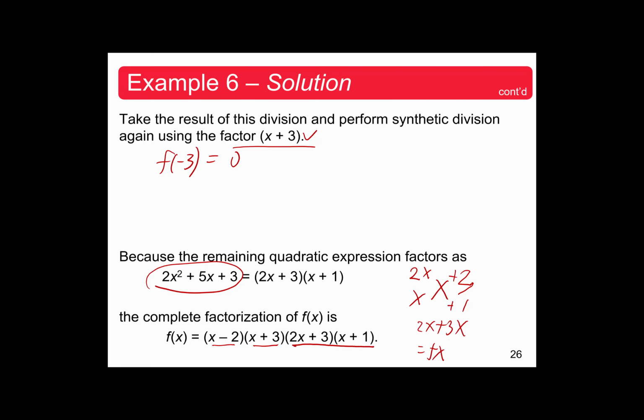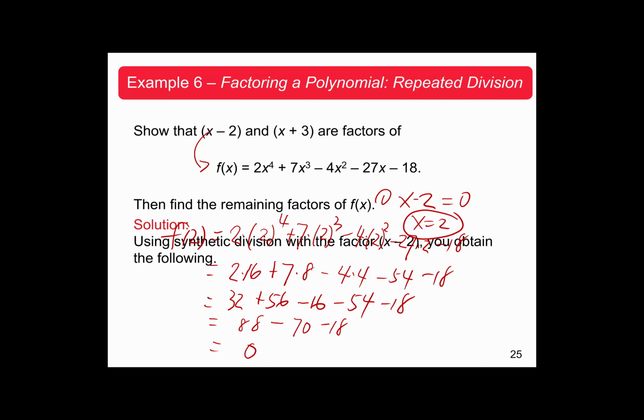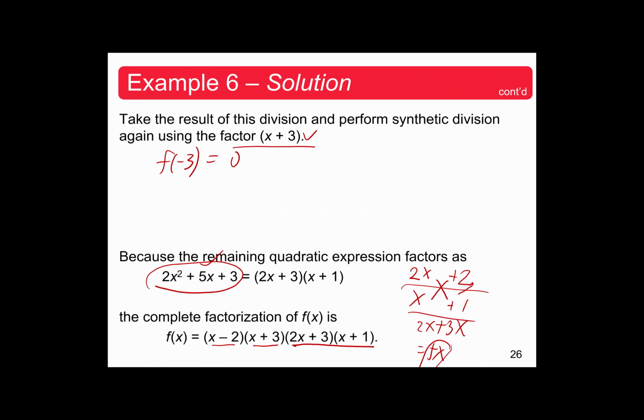That's 5x. Okay, that matches the middle term. So (2x plus 3)(x plus 1). Since it's a fourth degree polynomial function, we have 4 different zeros, and all these zeros turn out to be 2, -3, -3/2, and the last one is -1. Okay, so that's everything on section 2.3.